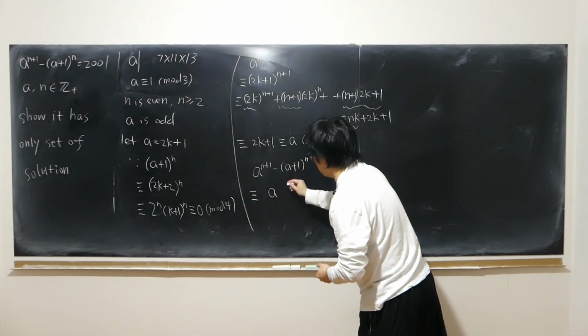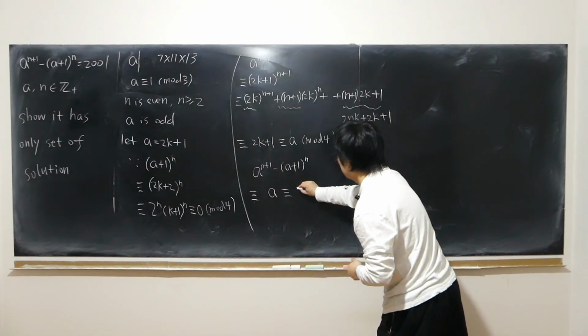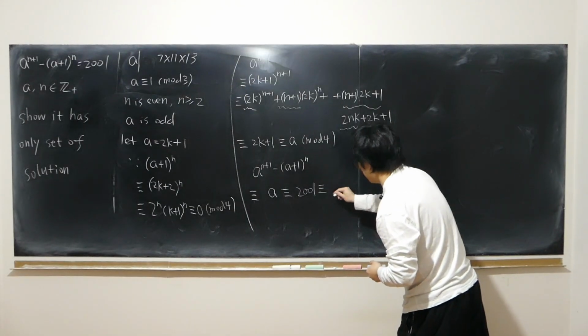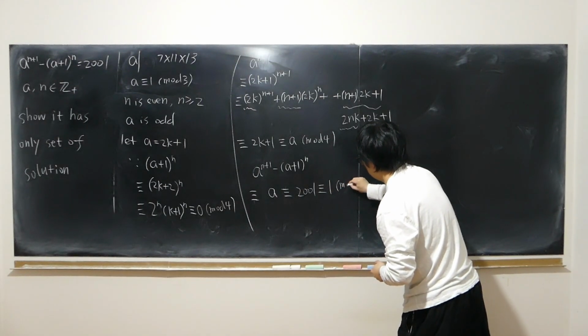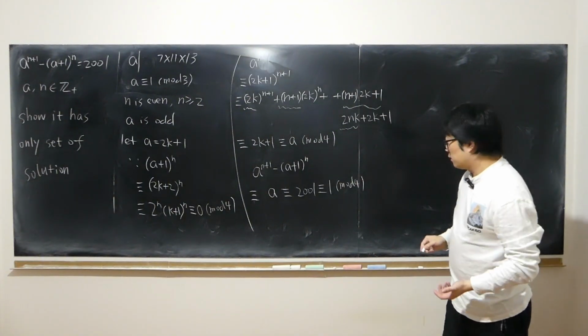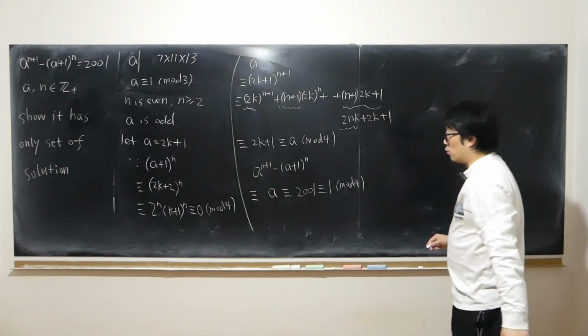Then the right-hand side is 2001. Divided by 4, like I said, the remainder is just 1, mod 4. So a is congruent to 1 mod 4.